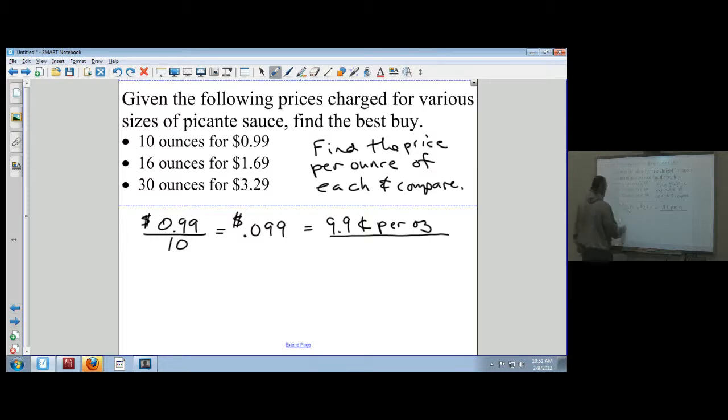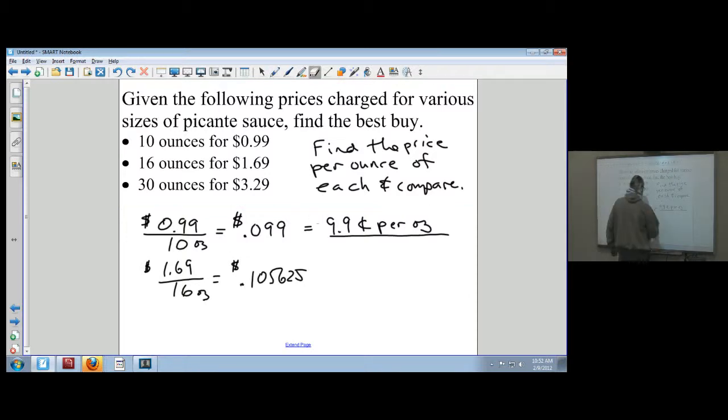All right, let's look at this other one. 1.69 over 16. Now this one may not be quite so easy. And notice we keep track of our units here. So we're going to take the calculator and divide this. 1.69 divided by 16 gives us 0.105625. Oops, this was dollars per ounce. Sorry about that.